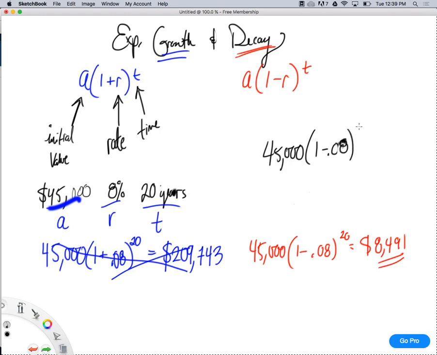So I don't tell you how many years it is, but I'd ask you for the function. You'd have a list of functions, and you'd have to choose the right one. And you'd have to simplify. It would end up being 45,000 times 0.92 to the t. And so the correct answer would be that, if I just ask you for the form of the function. Does that make sense? Any questions about this? Okay.